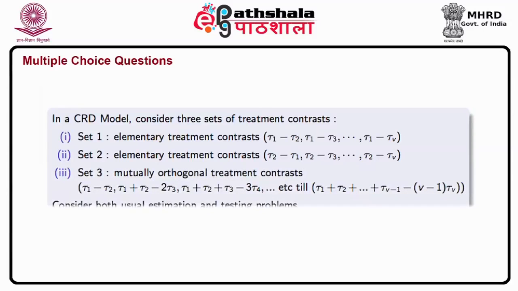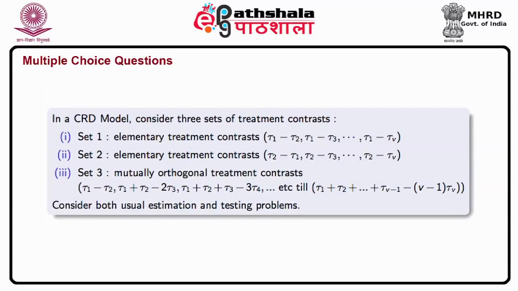And the third set is mutually orthogonal treatment contrasts, that are tau 1 minus tau 2, tau 1 plus tau 2 minus 2 tau 3, tau 1 plus tau 2 plus tau 3 minus 3 tau 4, and so on till the end. We need to consider both the usual estimation and testing problems.